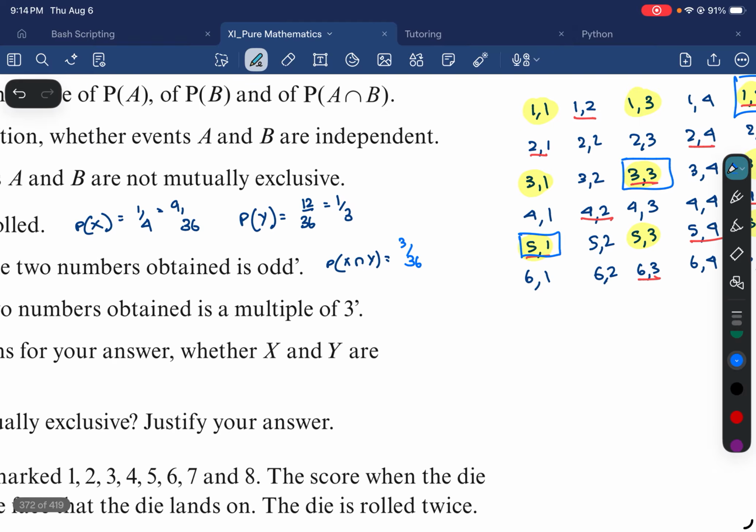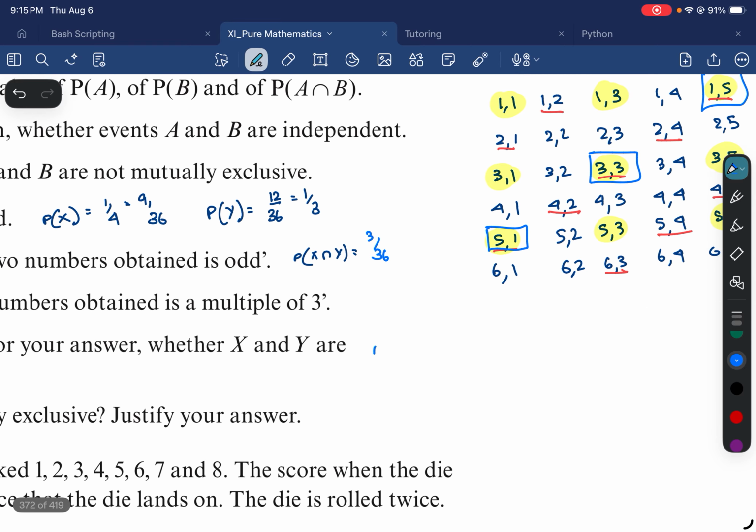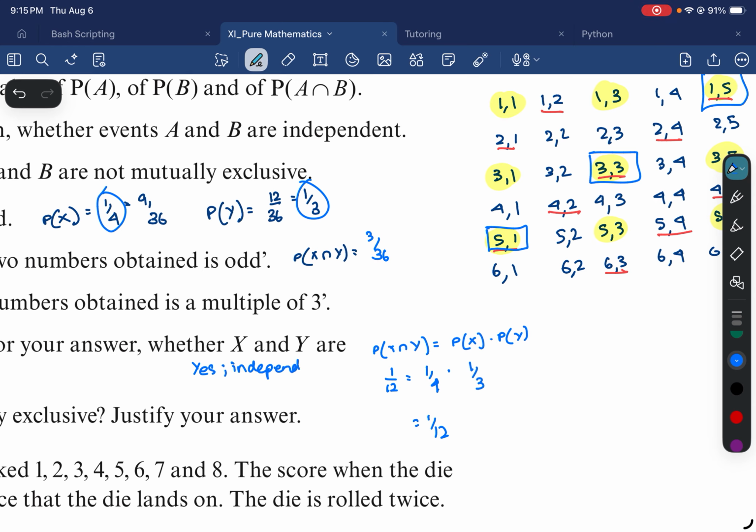All right. Are they independent? So if P(X intersect Y) is equal to P(X) times P(Y). So my left-hand side is 3 over 36. 3 over 36, if you think about it, is 1 over 12. P(X) is 1 over 4. P(Y) is 1 over 3, right? And if you evaluate, that is 1 over 12. So yes, they are independent. All right.